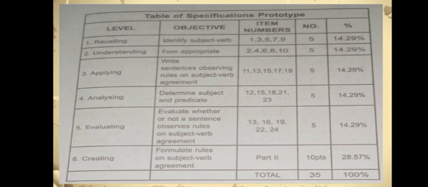Because without the table of specification, the tendency for the test maker is to focus too much on facts and concept. Kay kung wala tay table of specification, naay possibility nga ang ato ang mga test items mag-focus ra sa usa ka level.